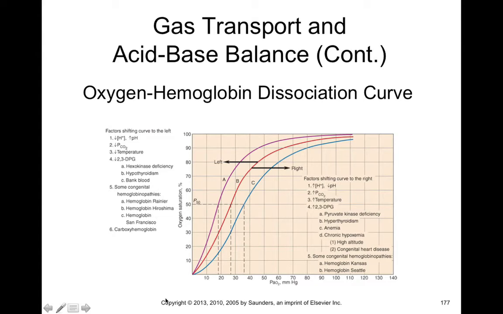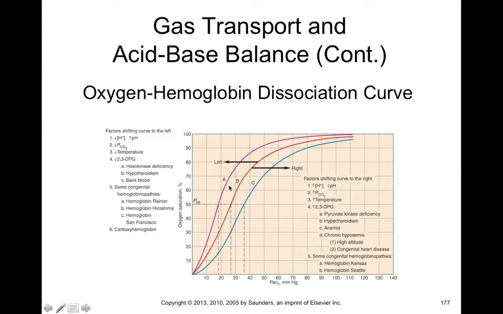Now let's compare that to another curve. So let's look at B. Let's see when curve B hemoglobin is 70% saturated. This one actually has about 35 millimeters of mercury or so of oxygen available in blood. So what this shows is that between curves A, B, and C, it's a relationship of how hemoglobin has varying affinities for oxygen.